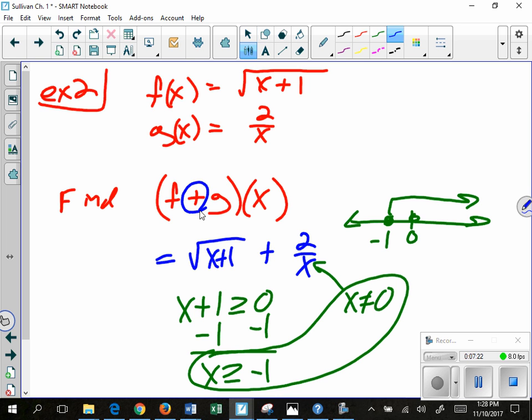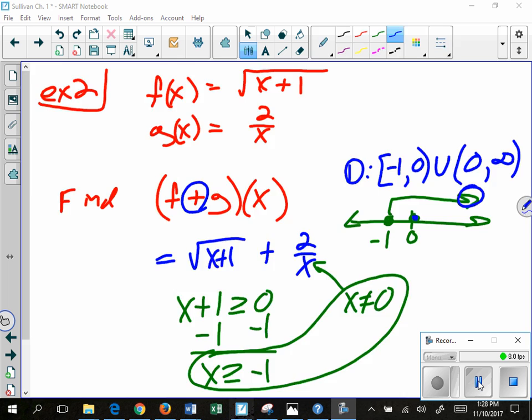Writing this in interval notation, the domain would be -1 to 0, but it can't include 0 because it's an open circle, and then union, from 0 all the way over to infinity. That would be the domain restriction for this particular question.